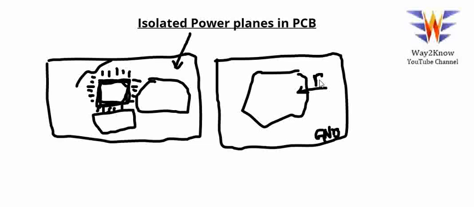This is the power, and at the entrance of this particular plane, you will immediately have a capacitor such that proper filtering happens, and any noise that is generated gets filtered, especially the high frequency noise. That's how this is implemented, and how we use the isolated power planes.